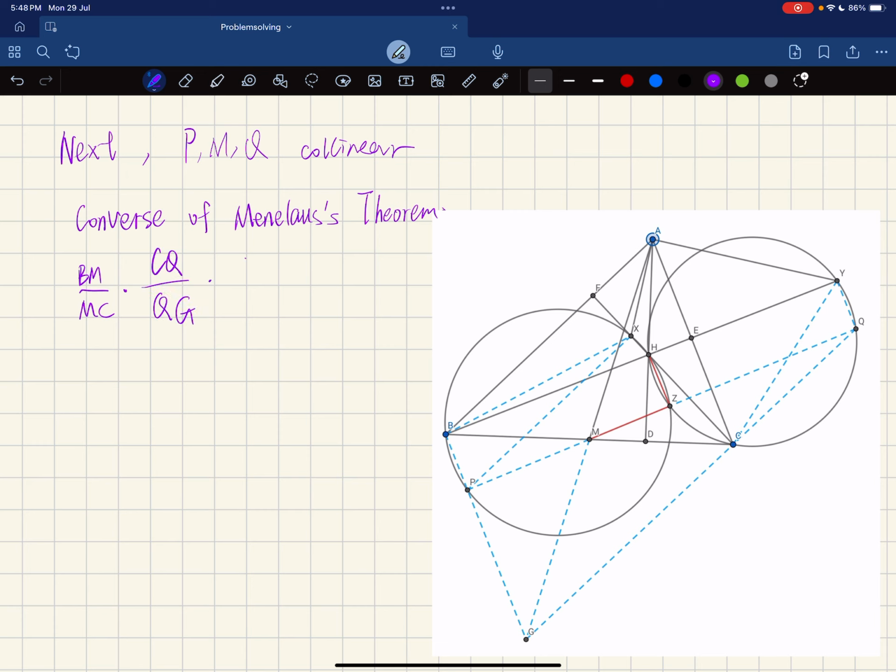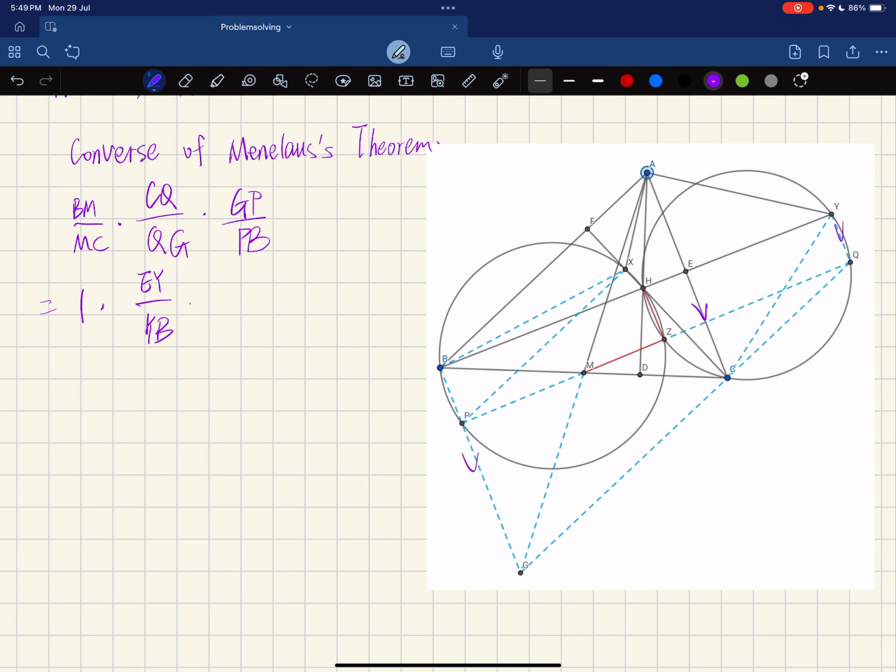And CQ over QG, what can we get from it? Since we have YQ parallel to EC parallel to BG, these 3 segments are parallel, we can know that CQ over QG actually equals EY over YB, right?